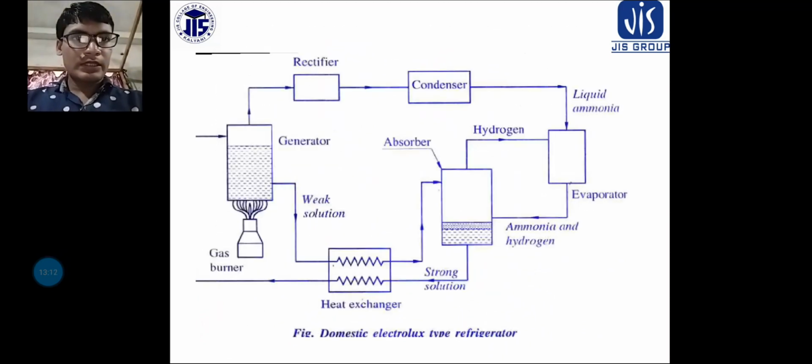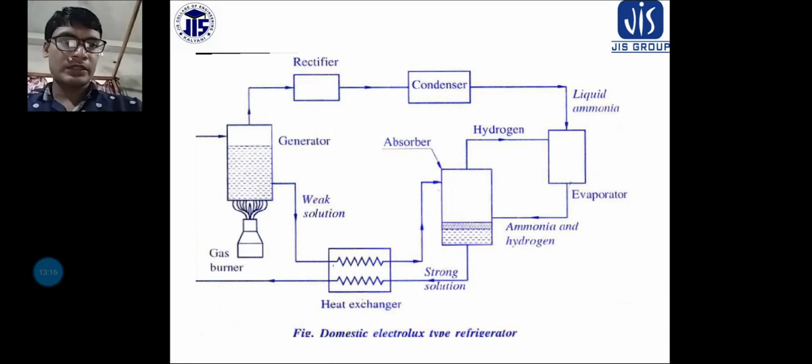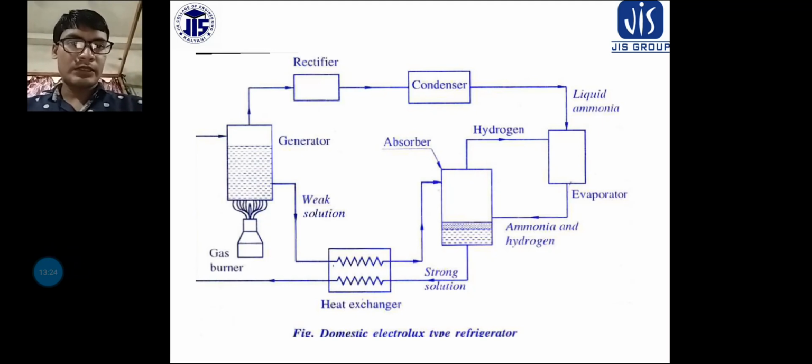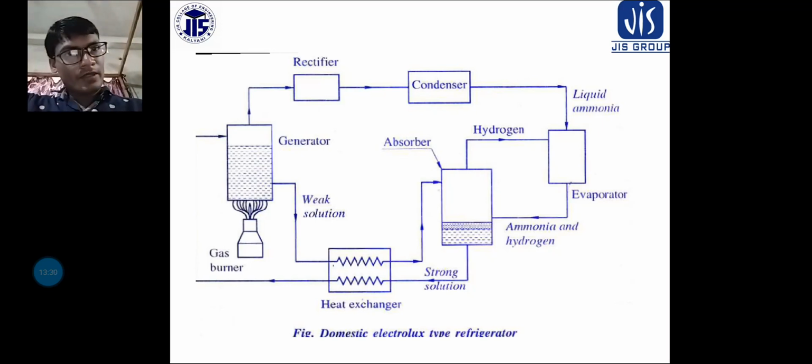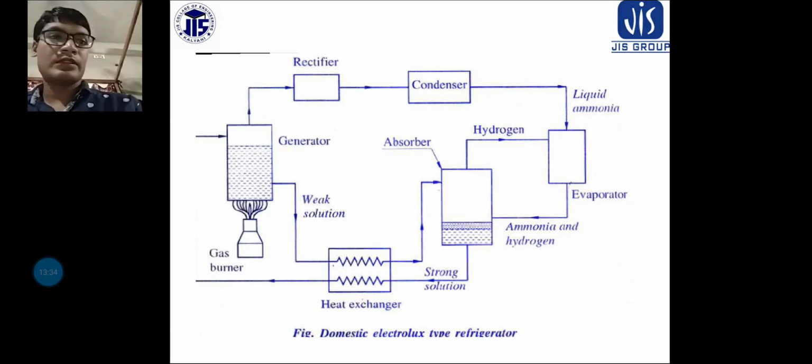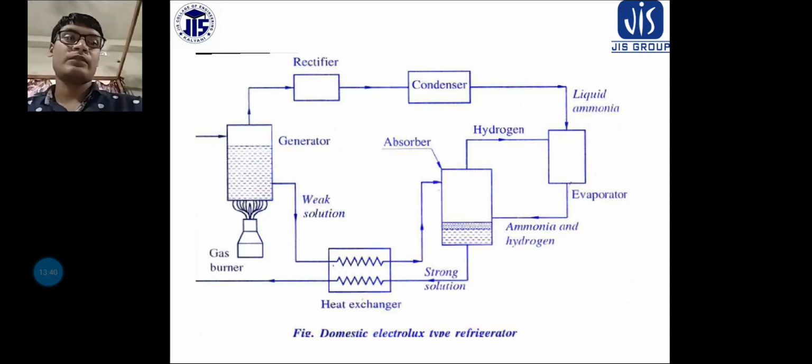Now, the domestic Electrolux type refrigerator: here you can see one evaporator, one absorber, one heat exchanger, one gas burner to heat up the generator, a rectifier and a condenser. Remember there is not any pump here.